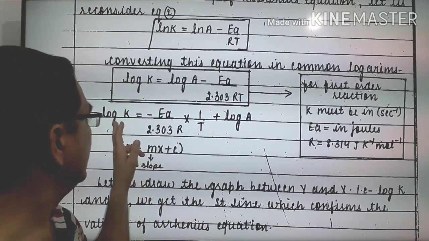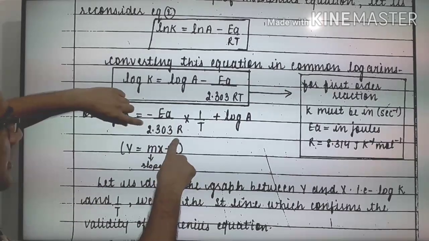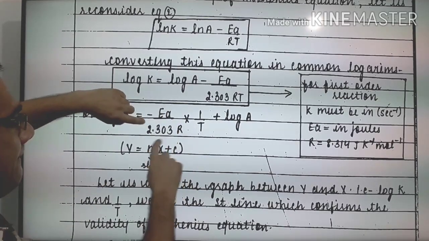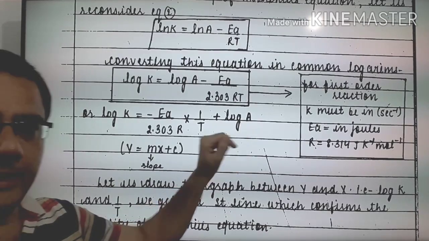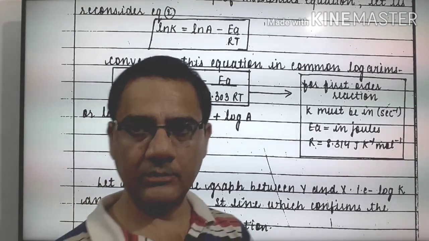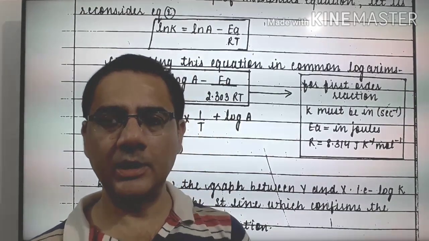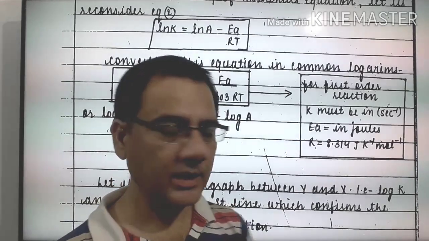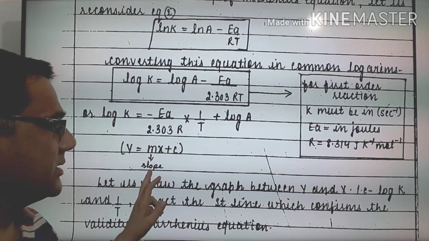So this is like y, this is like m, this is like x, and this is like c. And you have already studied that when we plot a graph on the basis of y is equal to mx plus c, between y and x, m is called the slope.